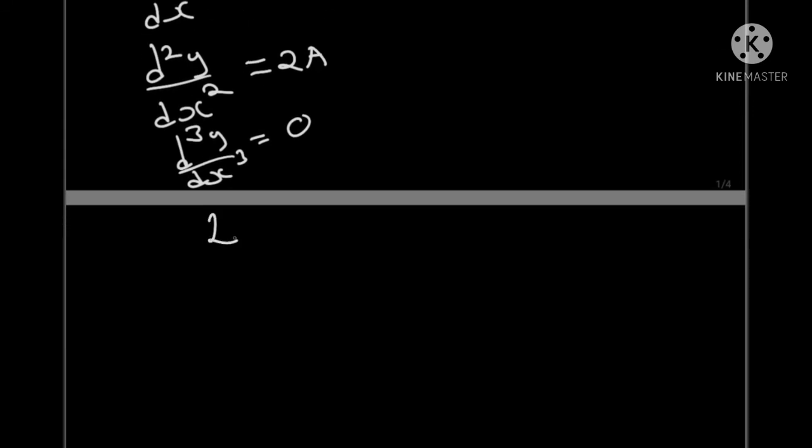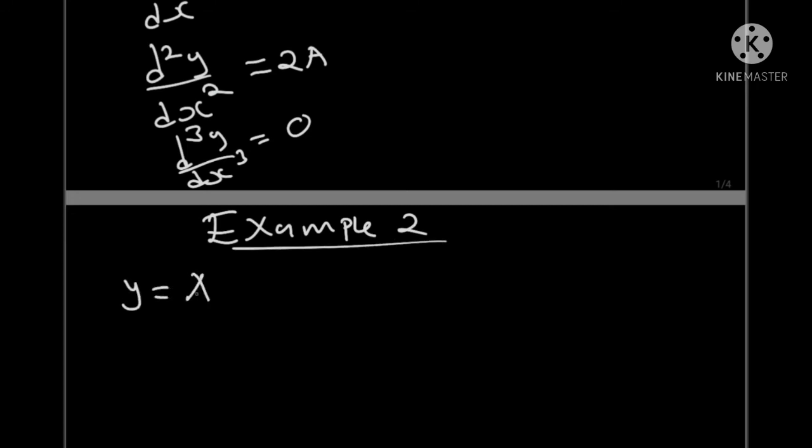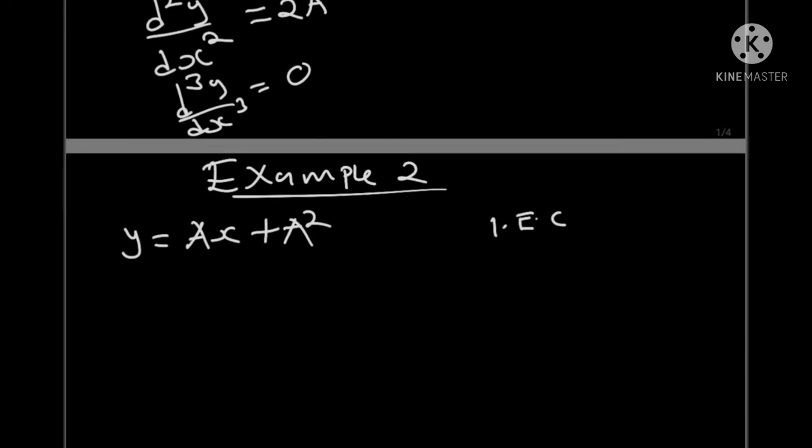Example 2. Suppose we have y equals ax plus a squared. In this equation, we only have one essential constant, that is a. Therefore, we will differentiate once. dy over dx equals a.